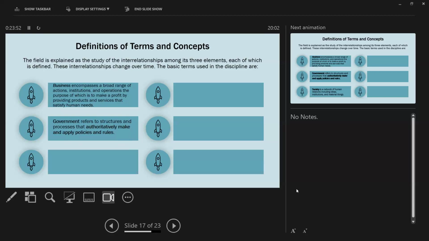Obviously, a business is any entity that makes a profit by providing products and services. Then the government refers to the structures and processes that authoritatively make and apply policies and rules. Obviously, everyone knows what a government is, right?